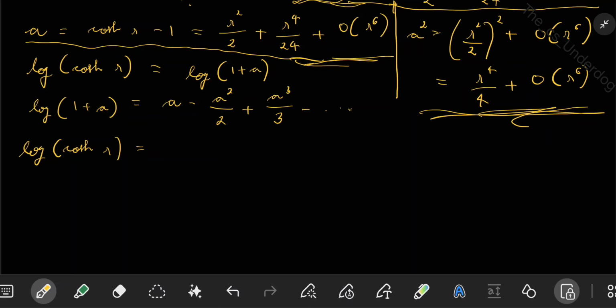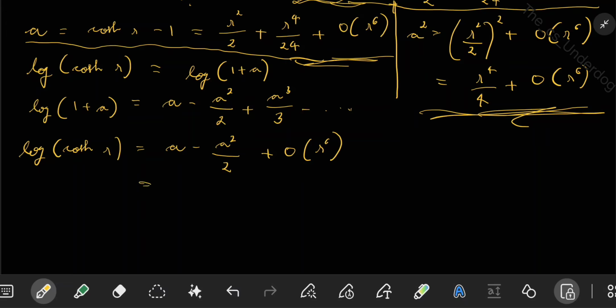So I can write it as a minus a square by 2 plus like this. So instead of this, I am going to say this is a minus a square by 2 plus, let us say, order of r power 6. So what does this come down to?